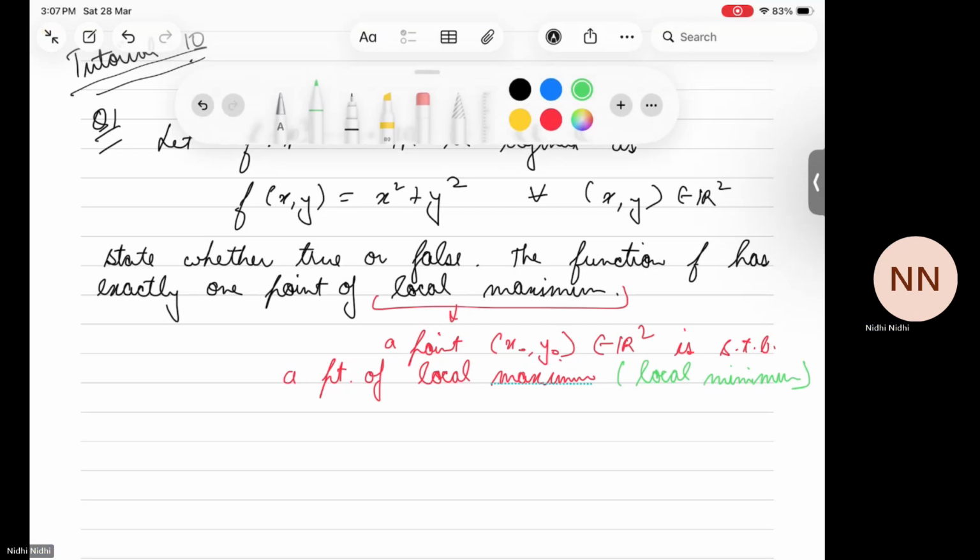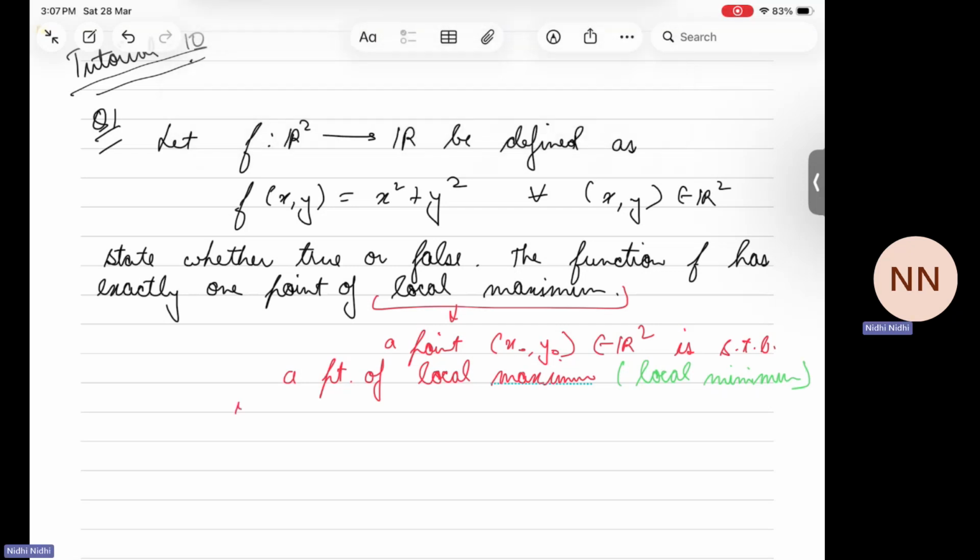if there exists some neighborhood of (x naught, y naught), that means a region that contains the point (x naught, y naught), let me denote it by N, such that the value of the function f(x,y).